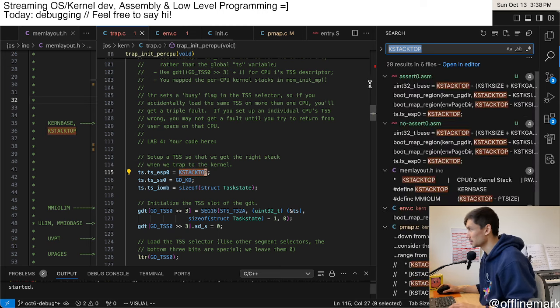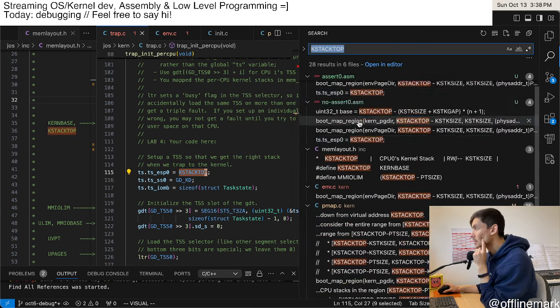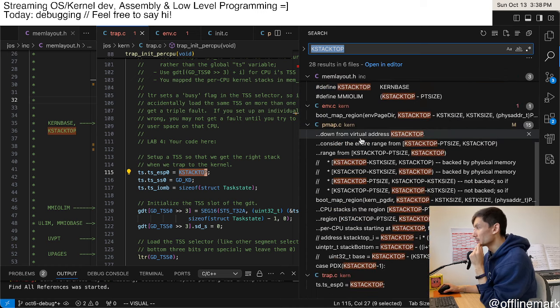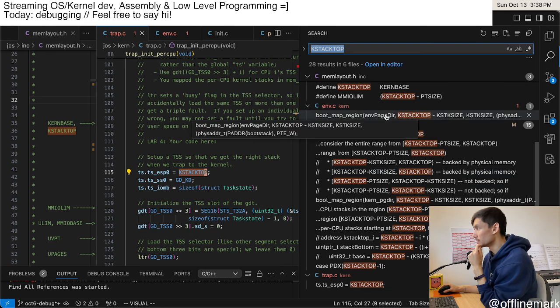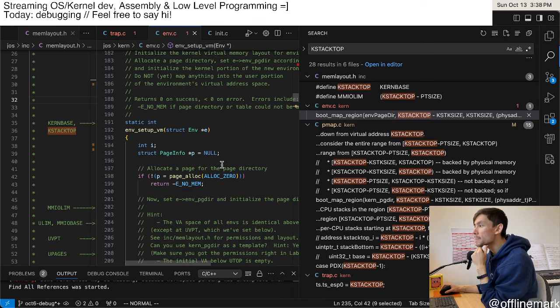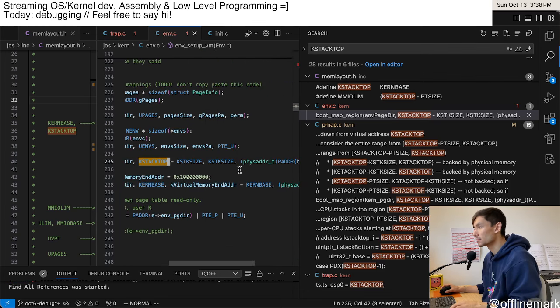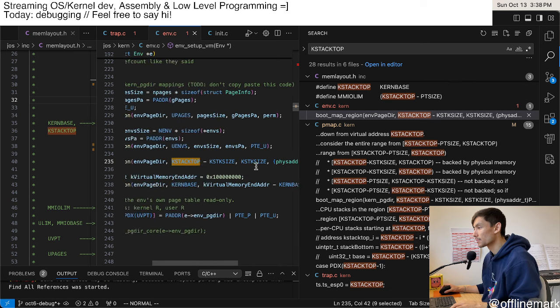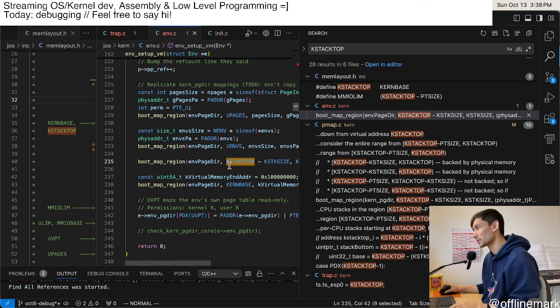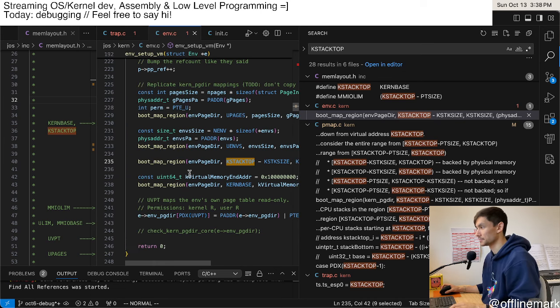Are we using k stack top anywhere else I should know about? Defined here. It's in a lot of comments. I'm mapping the kernel stack into the user space processes here.